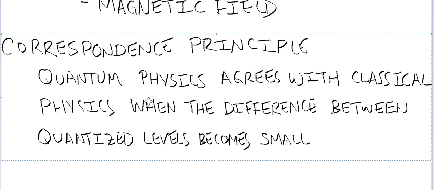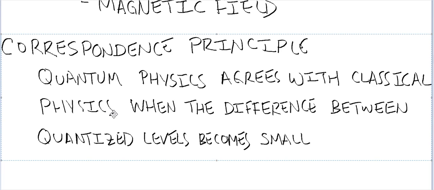And so let's look at the correspondence principle. I want you to keep this in the back of your mind as you go through the remaining stuff this semester. We had a version of this in relativity as well, right? But the basic idea is that classical physics worked really well for a really long time.